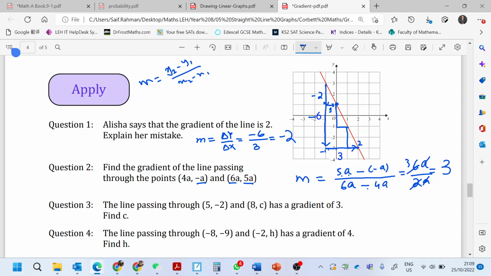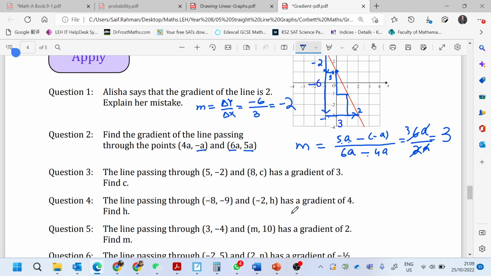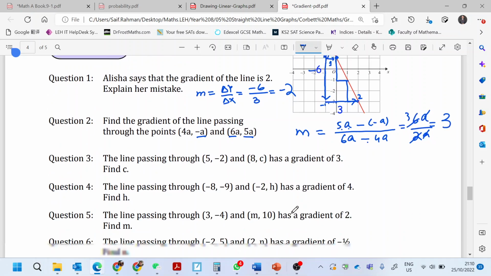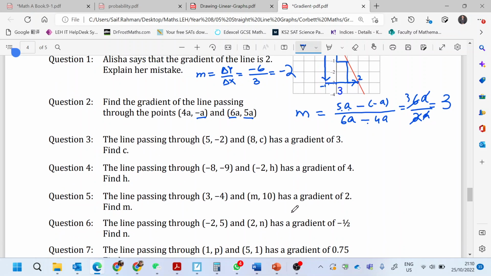So this is how you can find these ones. The line passing through this and this has a gradient of this one. Okay, so find h. If there is an unknown variable which you have to find, this is how you can find it. It says the gradient is 4. In the same formula, m is equal to y2 minus y1 divided by x2 minus x1.